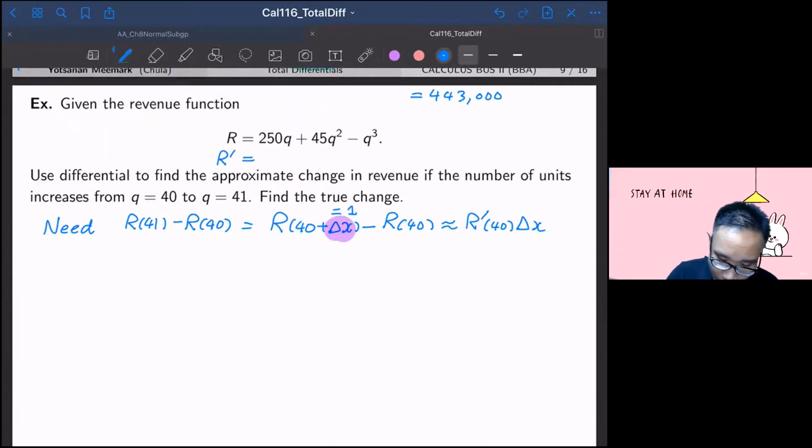R prime turns out to be 250 plus 90Q minus 3Q squared.